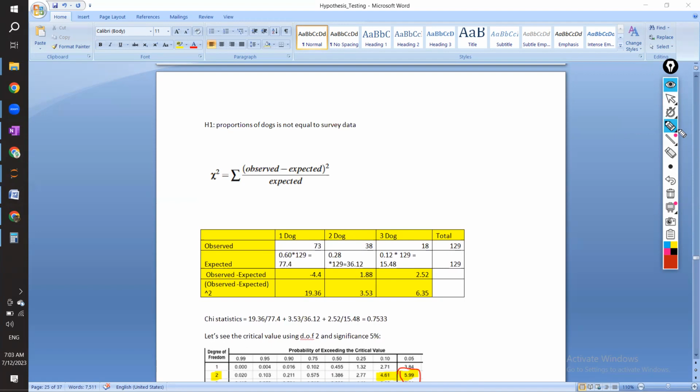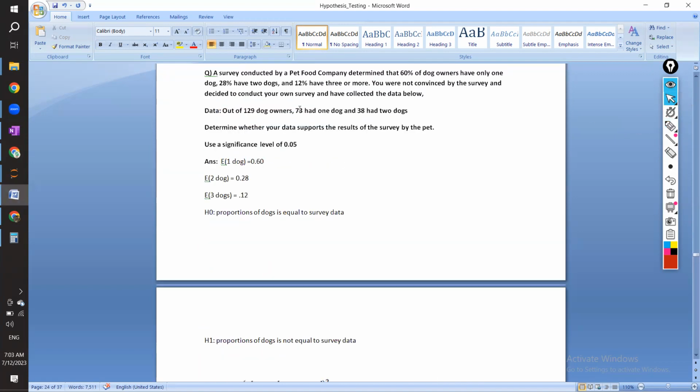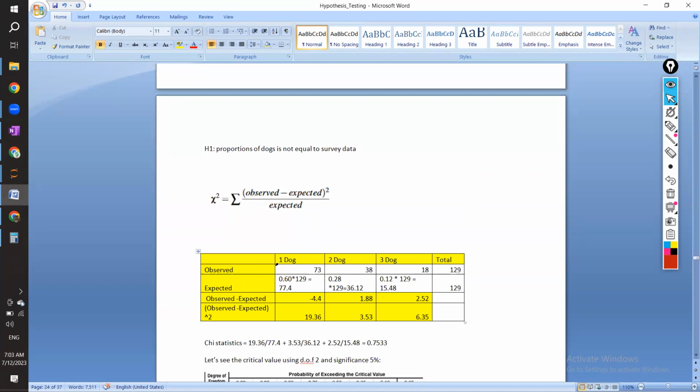So you have three categories, that means one dog, two dog, three dog. For one dog, the observed value is 73. Agree? So 73 is one dog, 38 is two dog, and the remaining 18 is three dog. So the observed values are 73, 38 and 18. Okay, total is 129.